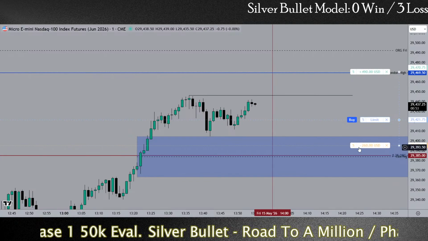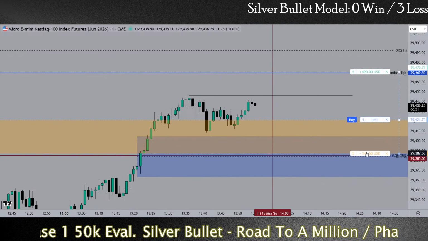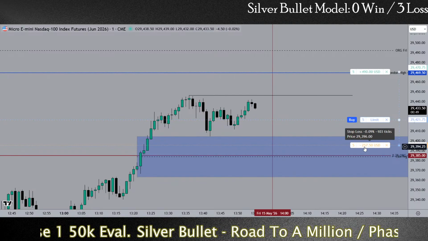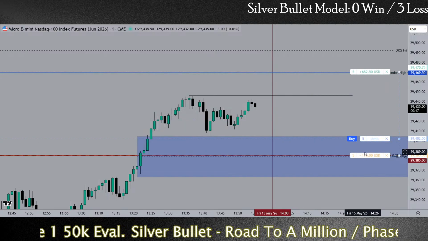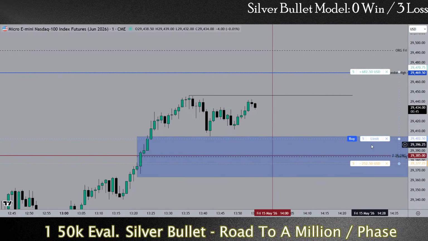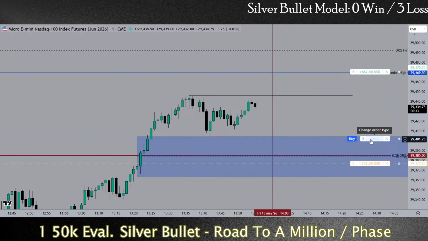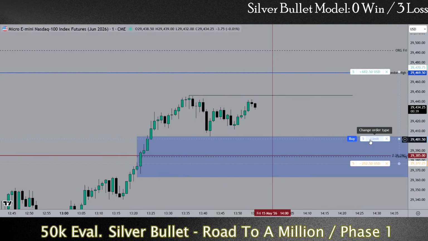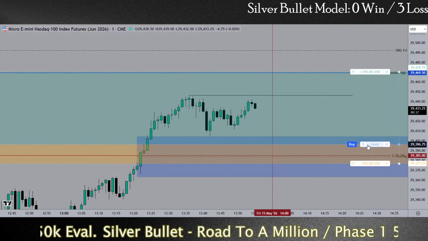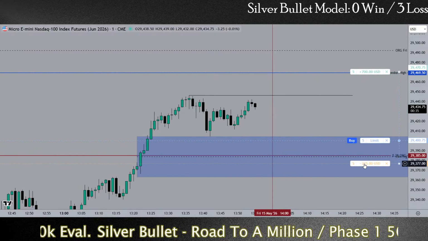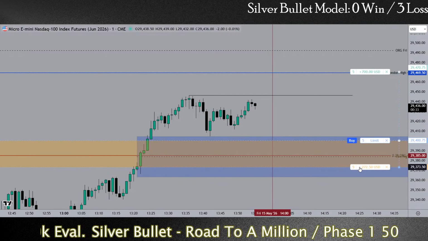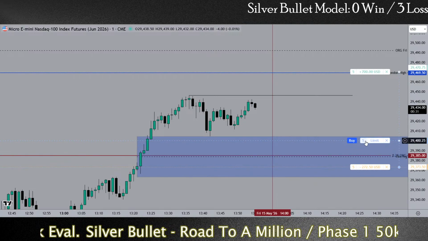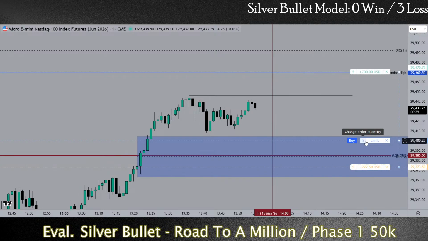But I'm just having the order kind of prepared for potential entry, potential setup that may be there at some point, right? So this is what I'll be trying to use going forward.